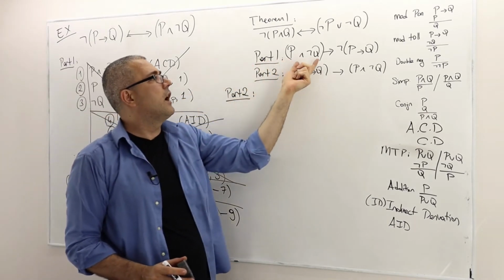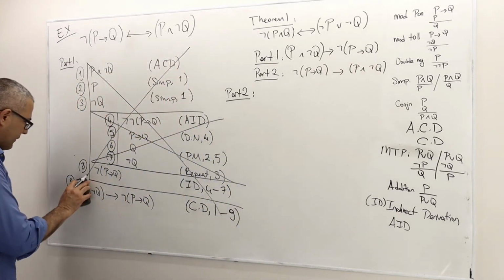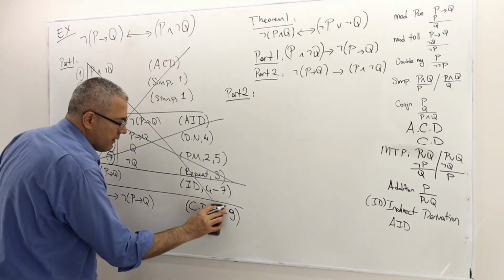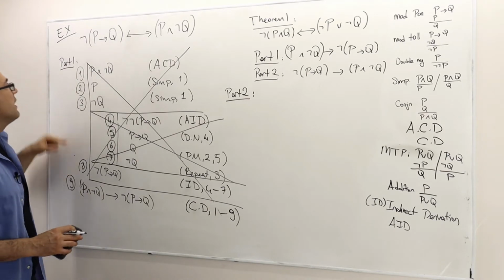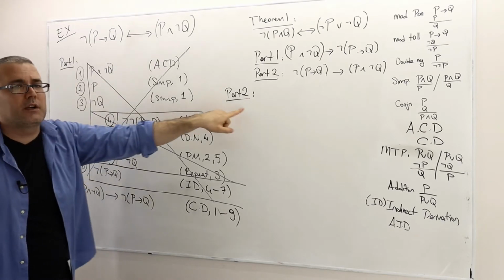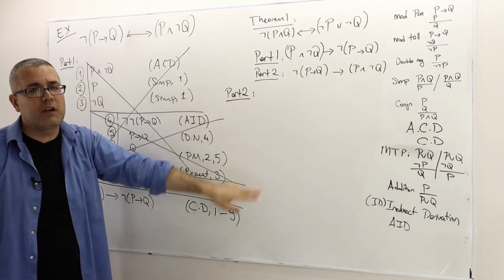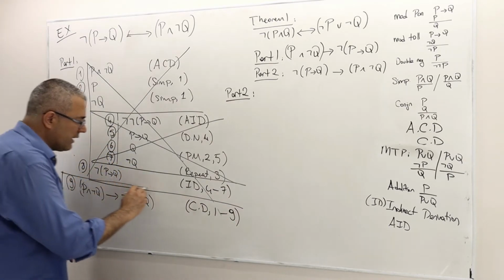If it is false, I know that this statement is true. All right? So nothing in line 1 to 8 is usable in my part 2 and for the rest of the proof. The only thing I can use is line 9.